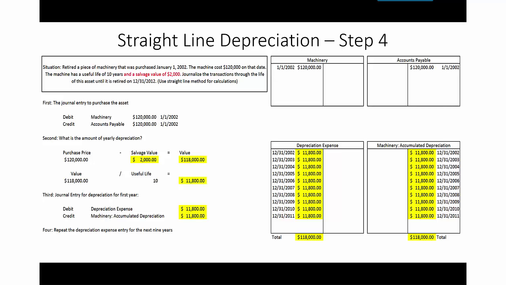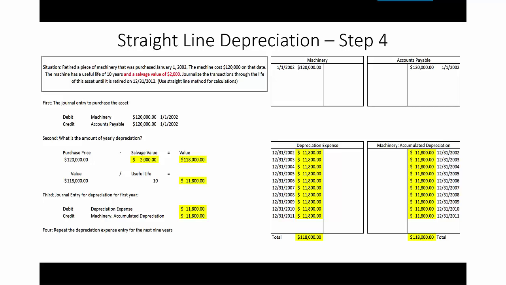So at the end of 10 years, basically what we have is a piece of machinery sitting on the books for $120,000. Its associated accumulated depreciation account has $118,000 in it. So when we look at the book value of what this asset is actually valued at the end of 10 years, it will be $2,000, because $120,000 is sitting in the asset account, and $118,000 is sitting in its associated accumulated depreciation.